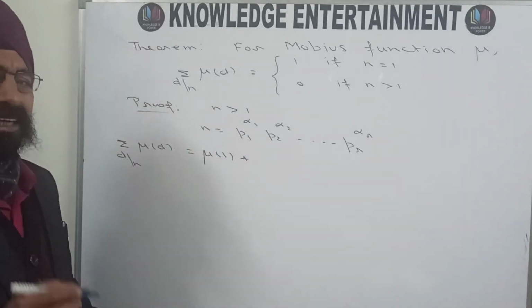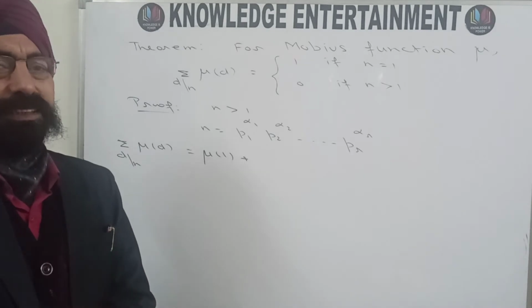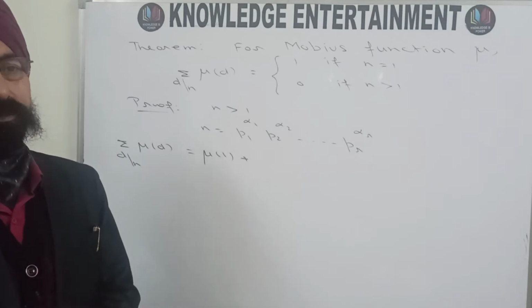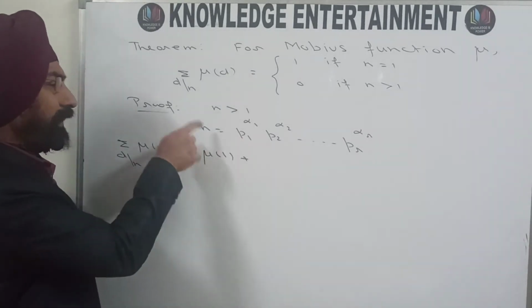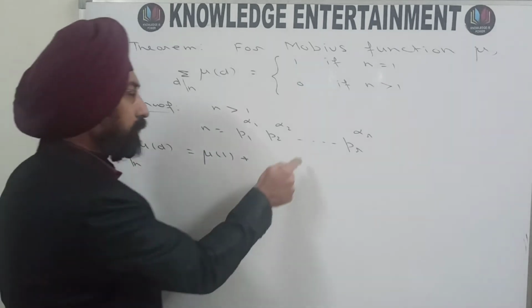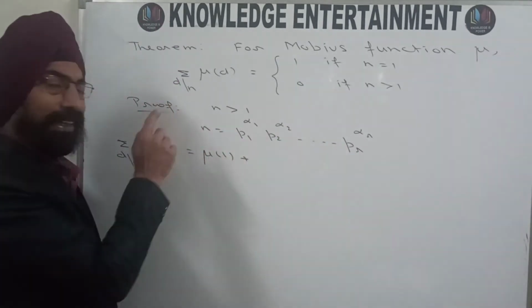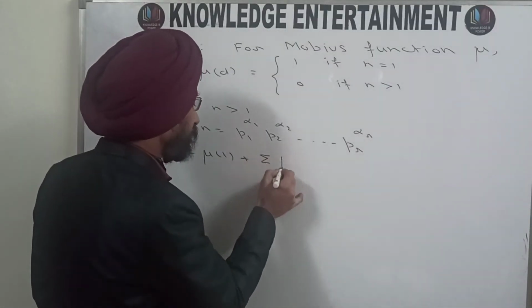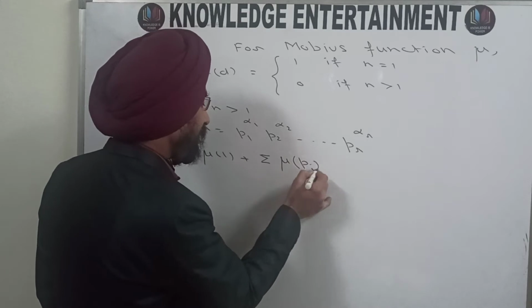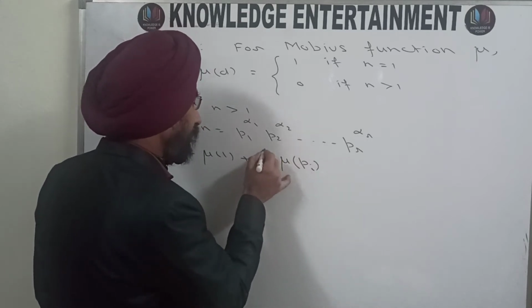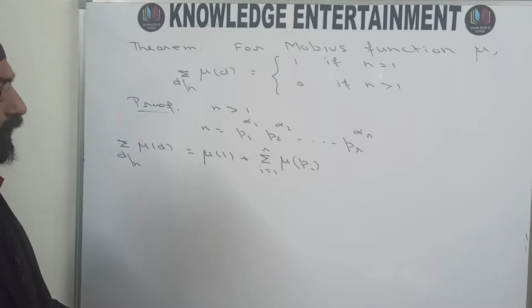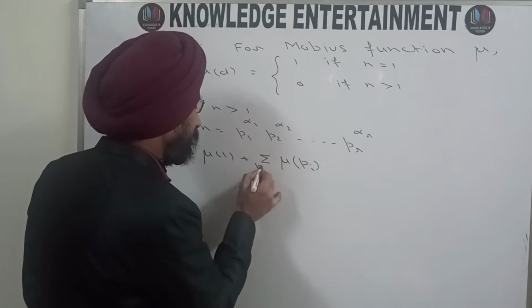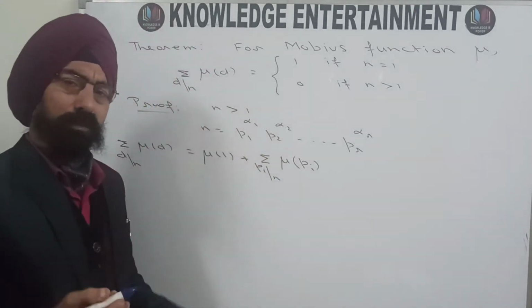Now the second case, the divisors of the type prime power 1. That means p1 is a divisor of n, p2 is a divisor of n, p3 is a divisor of n, pr is a divisor of n. So you take the terms of the type sigma mu pi, where i varies from 1 to r. Or you can simply say sigma mu pi, where pi divides n.